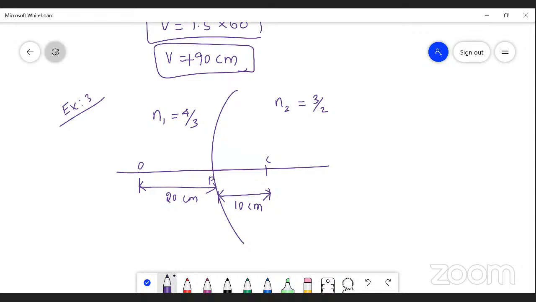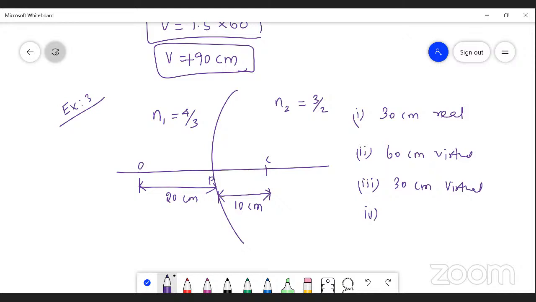I want the position of the image and the nature of the image. The options: first, 30 centimeter real. Second, 60 centimeter virtual. Third, 30 centimeter virtual. And the fourth option is 60 centimeter real. Which one is correct?